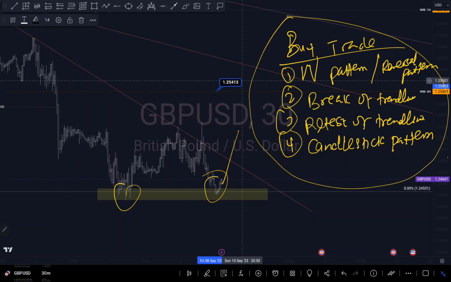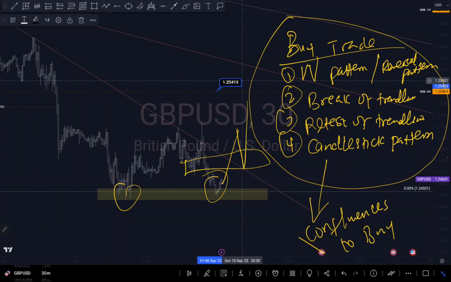So these are the confluences I will be looking for to buy on GU. So that is what I am looking forward to. I want it to come and break this trend line right here, come and give me a sort of retest, right? Then that's a confluence that we are going to push to the buy, and that will be my target. So those are the steps I take to take a trade.